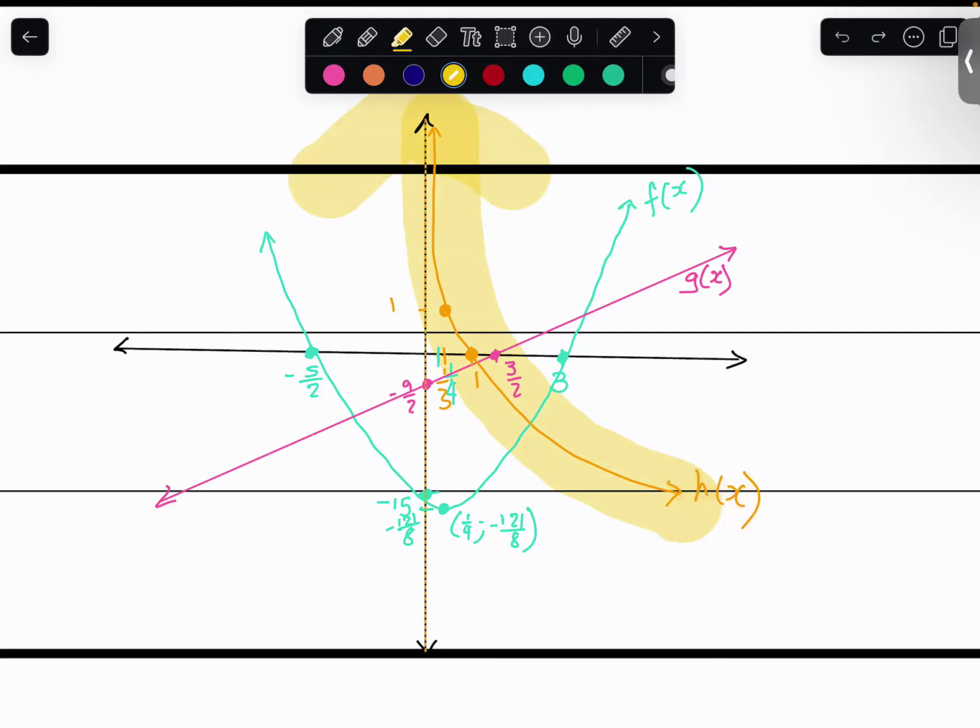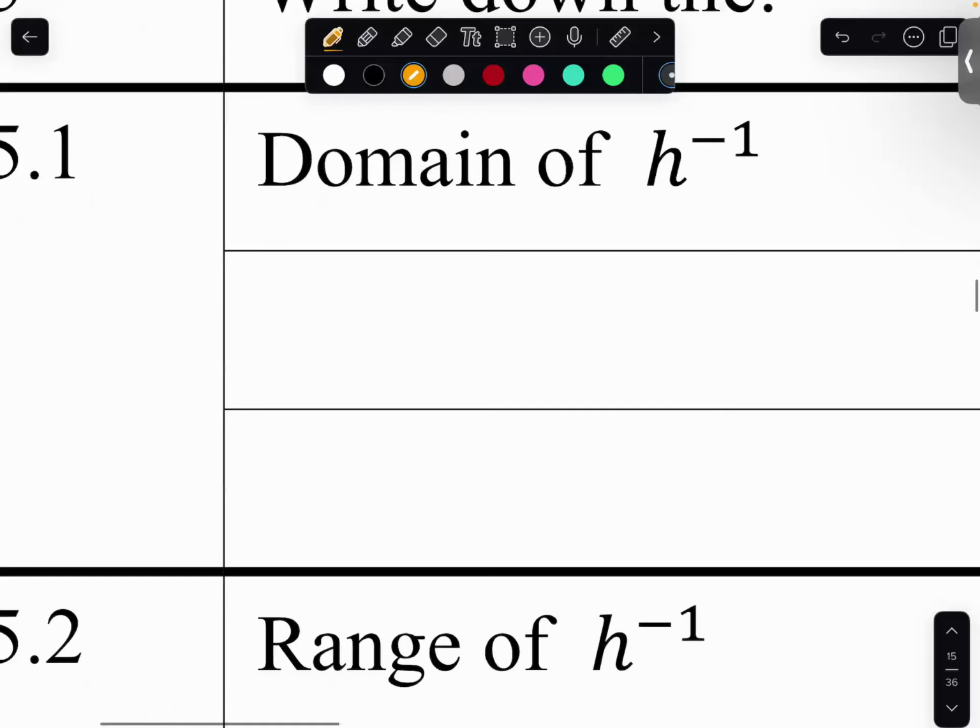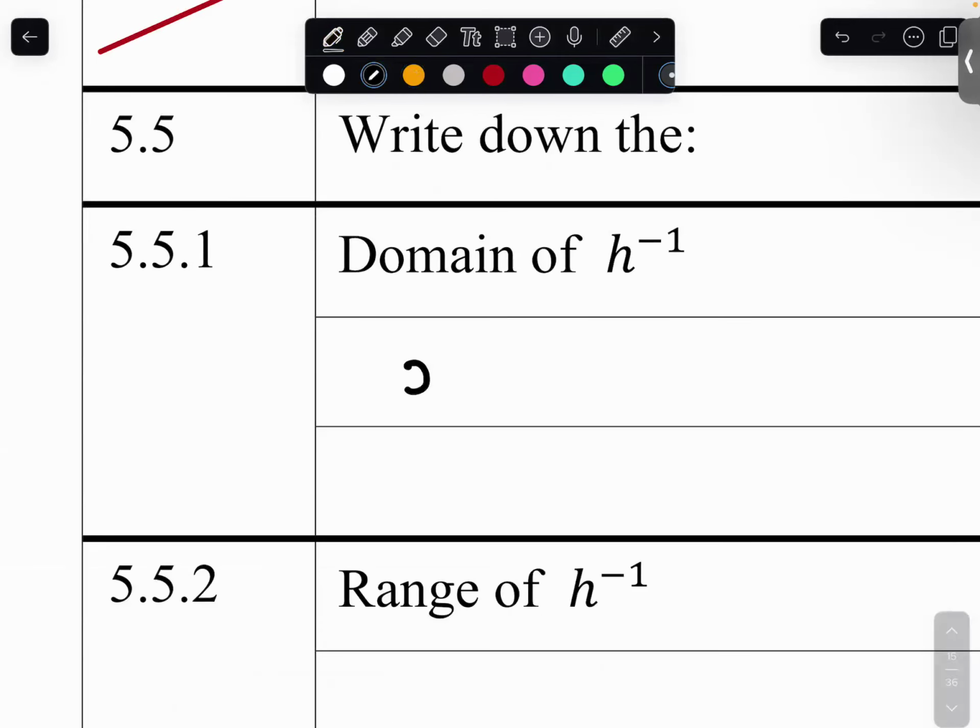So it travels forever up, forever down without any restriction, which means that the range of the original graph is y is an element of real. That's the range of this h of x, which means that the domain of the inverse will be x is an element of real. So this part stays the same. You just swap to an x because they're talking of domain.